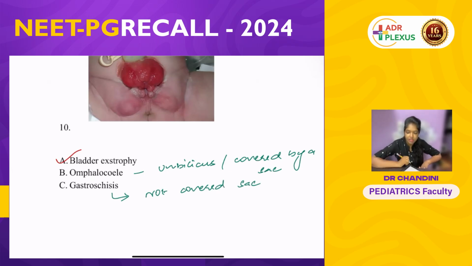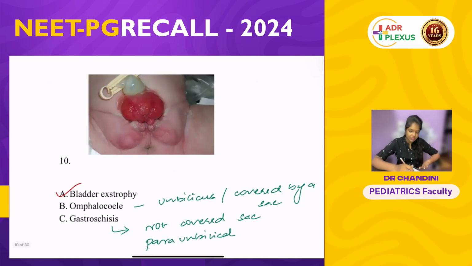It is not covered by a sac and it is para-umbilical. These two protrusions will not be present over the pelvis. They will be along with your umbilicus. But this is somewhere in the pelvis. This is nothing but the ectopia vesicae or bladder exstrophy.